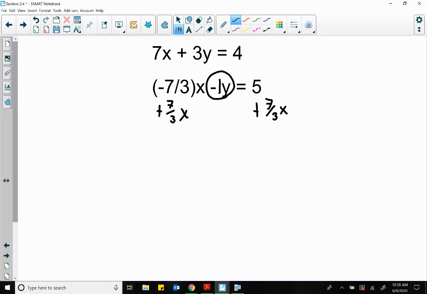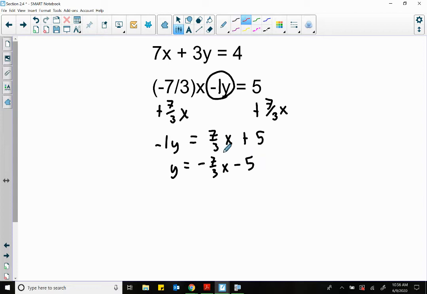So we now know that negative 1y equals 7/3 x plus 5. And as I told you in the last one, whenever you have that negative 1 there, you're really dividing everybody by a negative 1. But dividing by negative 1 is just the same as flipping all the signs.